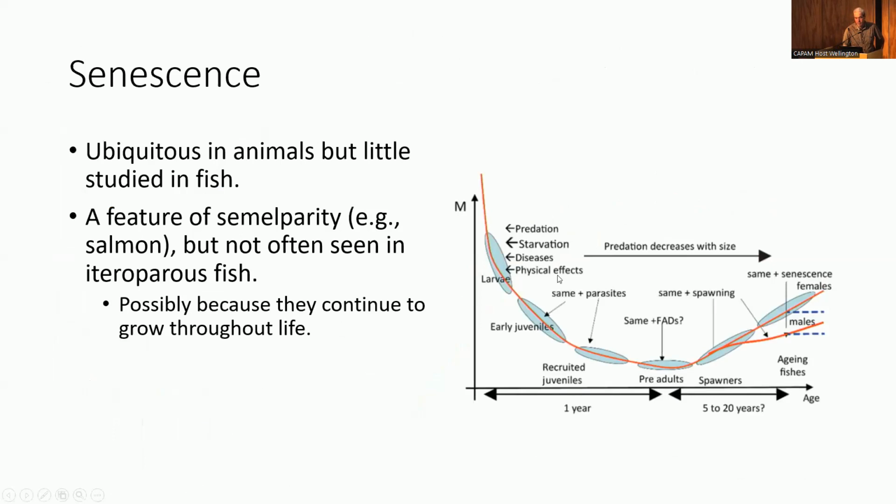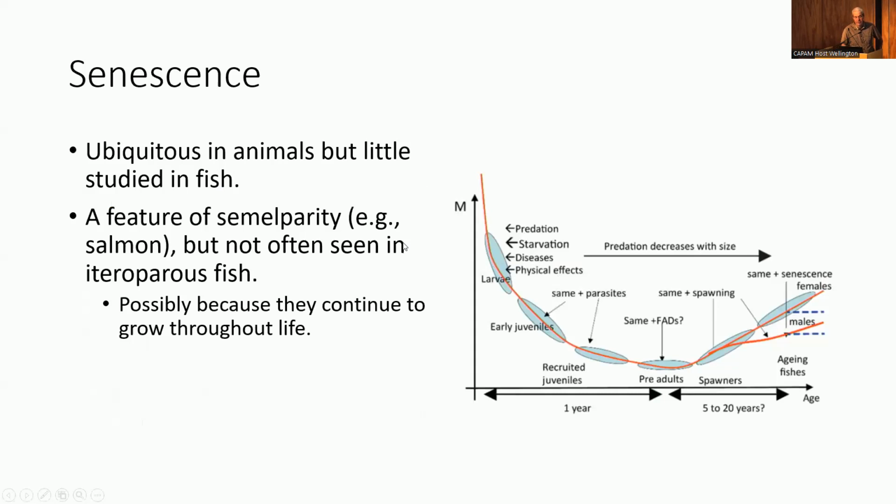Another issue to think about with natural mortality for tunas is senescence. And in some stock assessments, particularly I think for skipjack, they use senescence. And senescence is ubiquitous in animals, but it really hasn't been studied very much in fish.